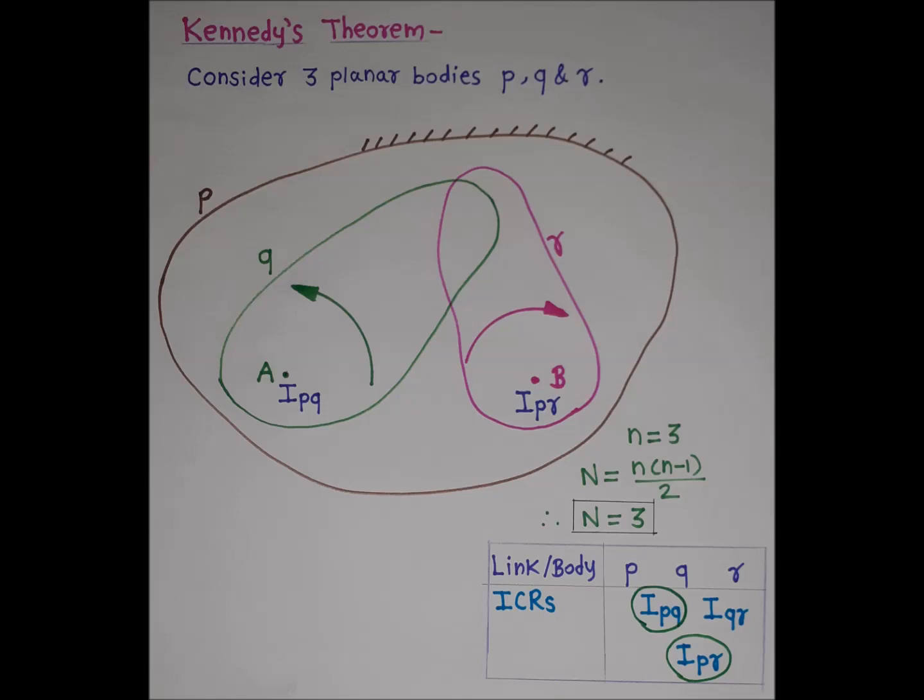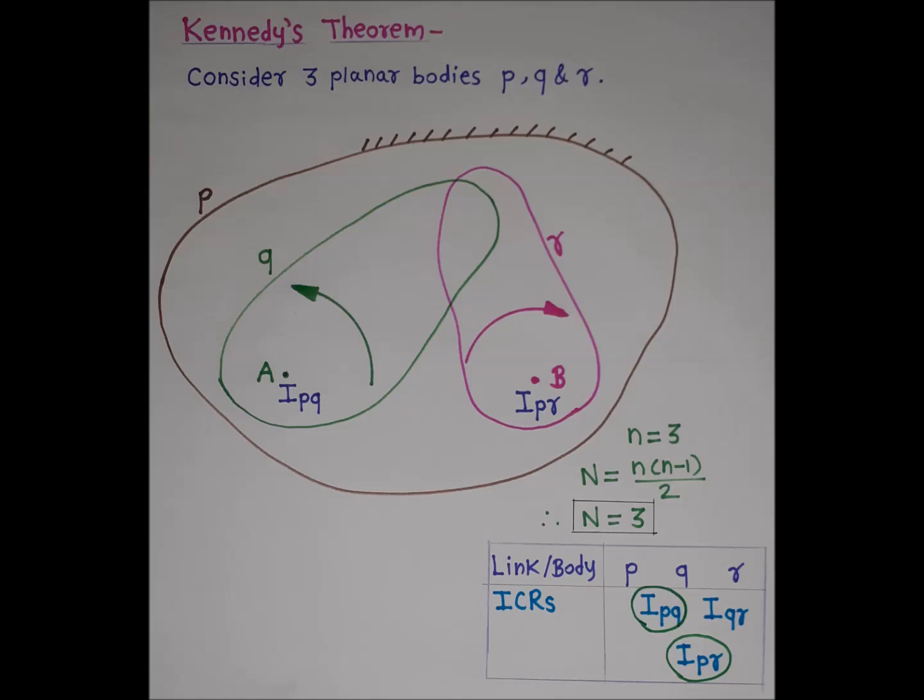At ICR IQR, relative motion between Q and R will be 0. Hence it can lie either on body Q or on body R, or IQR can lie somewhere else, as we can assume any shape for link.